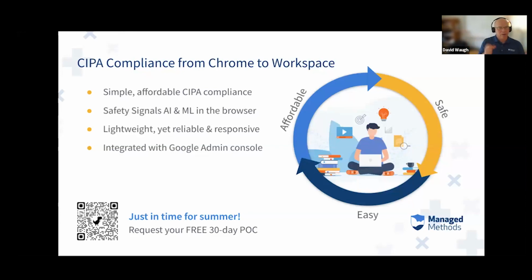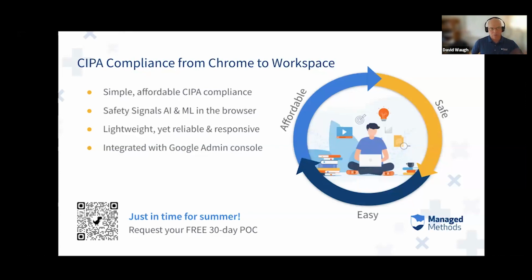So it's browser level URL blocking, so you can apply permissions easily across your domains, your OUs, and or groups, and it's all integrated within the Google admin console to push out to the Chrome browser. It's very lightweight. It's quick and easy to get installed and up and running, and it's very, very responsive in terms of its performance and speed.